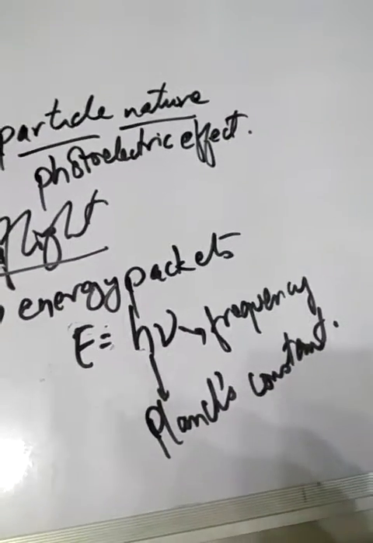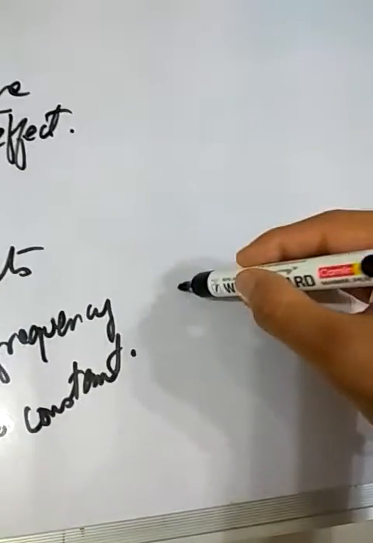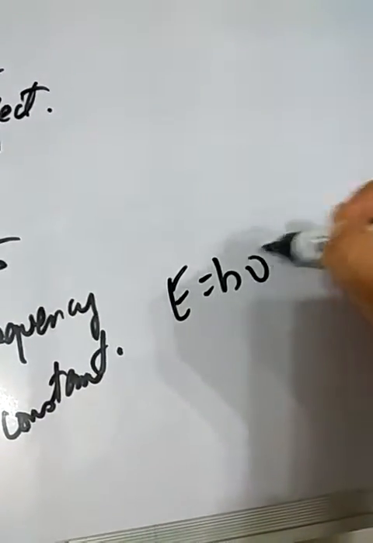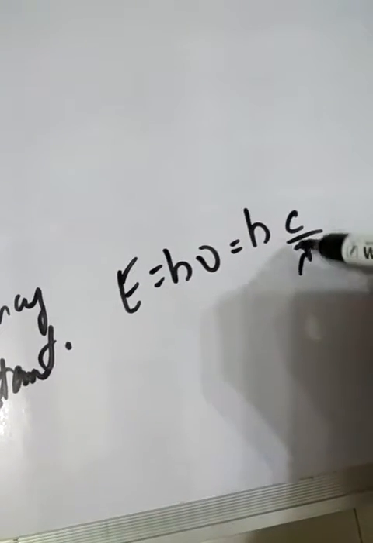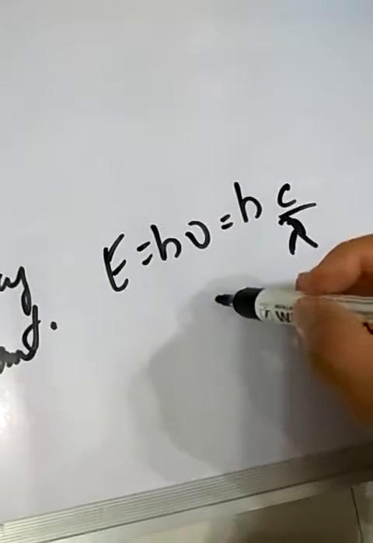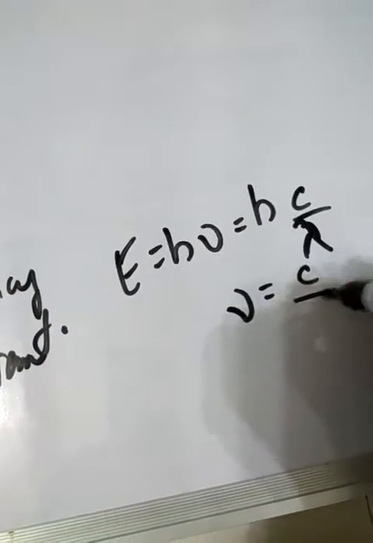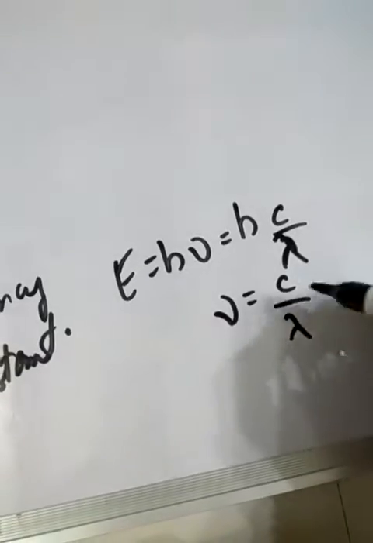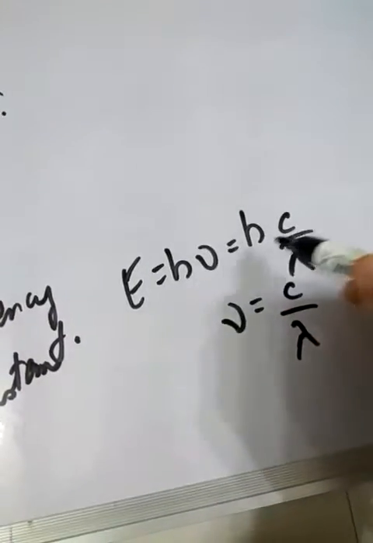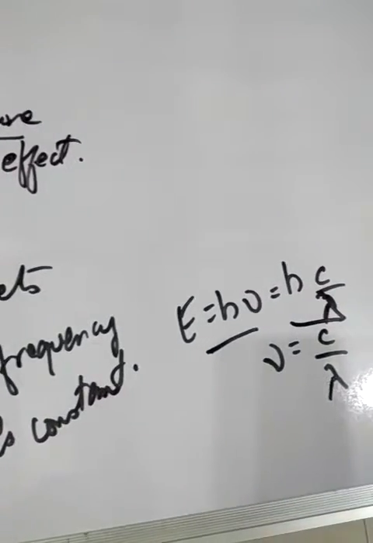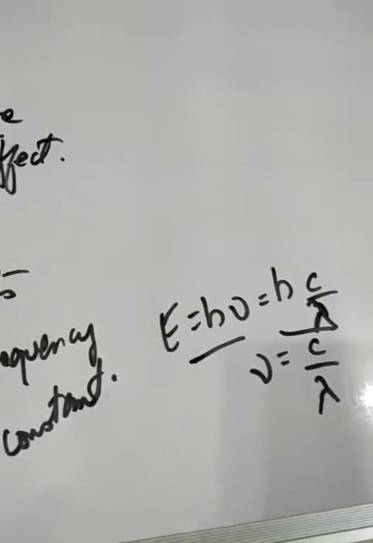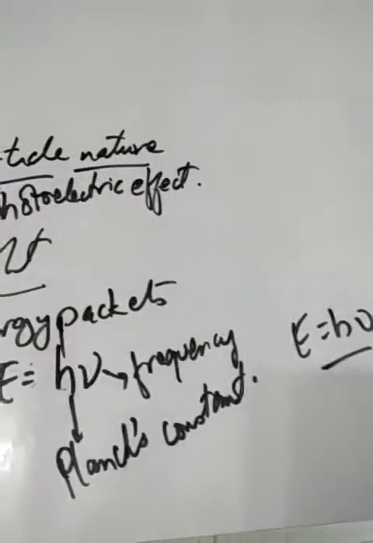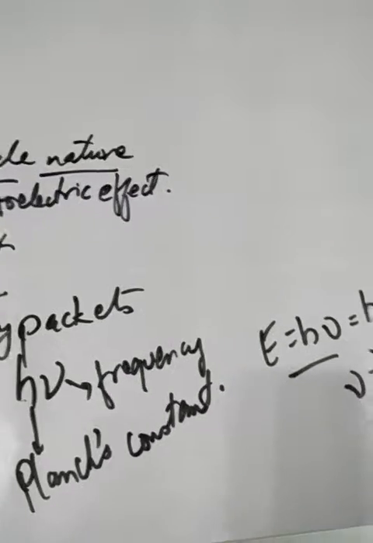Nu is the frequency, and E equals h nu equals h c by lambda. Lambda is the wavelength, because nu equals c by lambda. From that, the second equation, and this is the energy of that photon. One photon, E equals h nu, the energy of one photon.